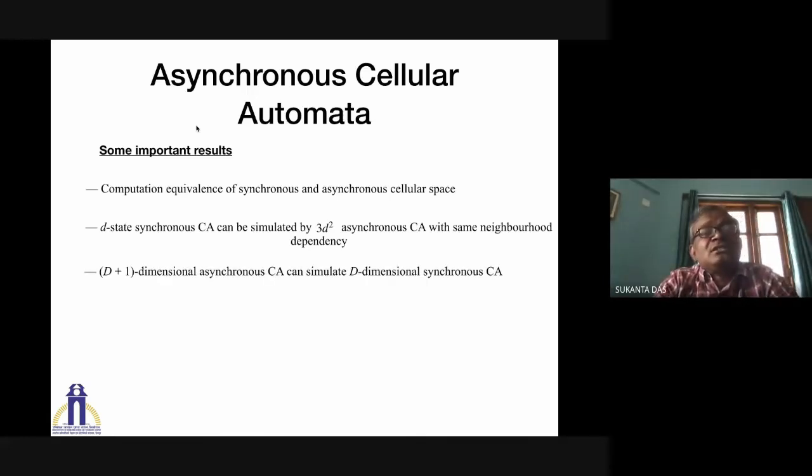Very old result. It says that D plus one dimensional asynchronous CA can simulate D-dimensional synchronous CA.